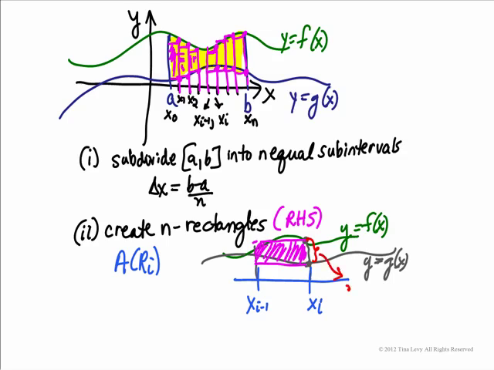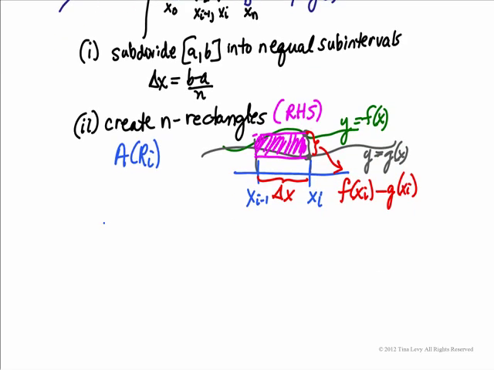And the width we know is our delta x. So the area of the ith rectangle, which I call the typical one, is length f of x sub i minus g of x sub i times the width, which is delta x.